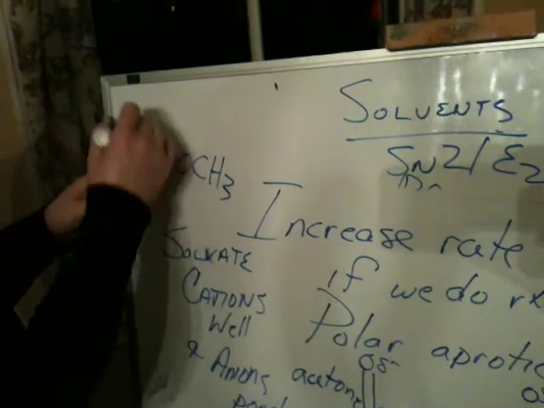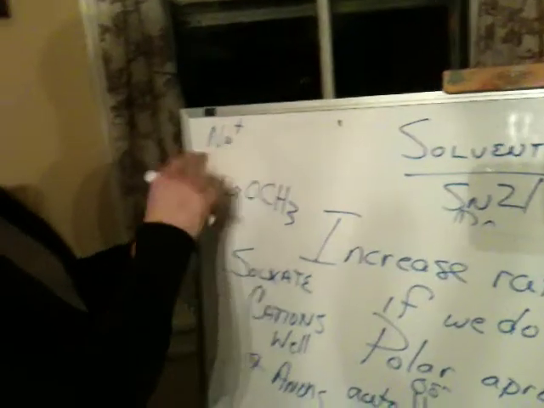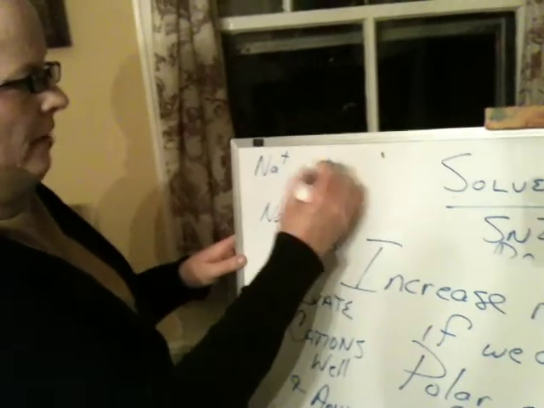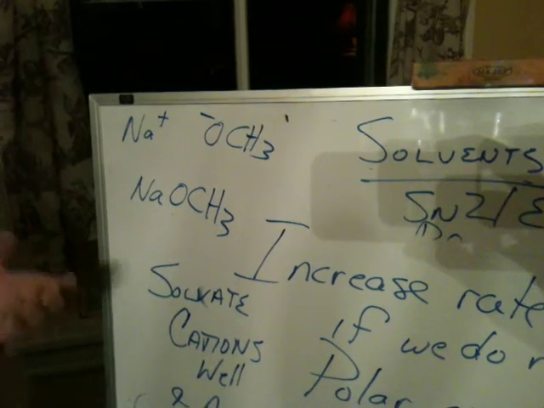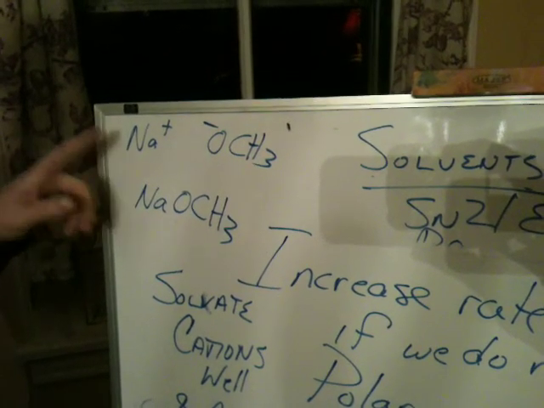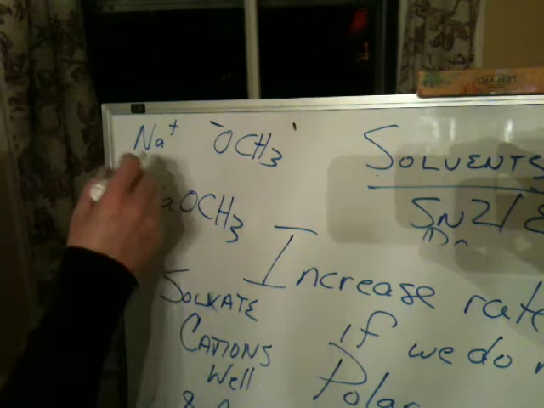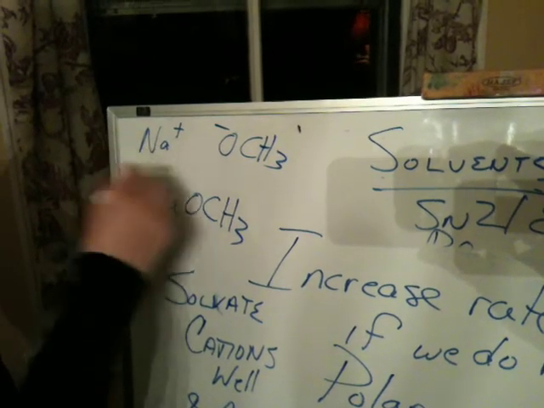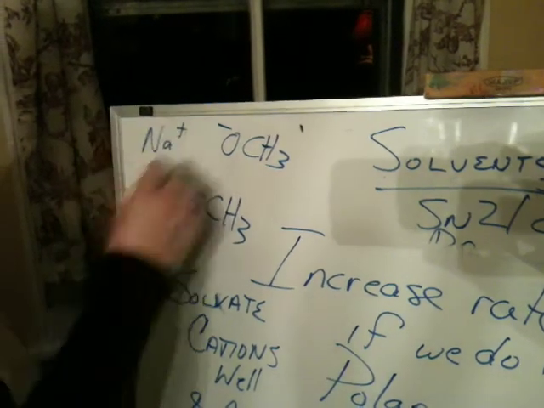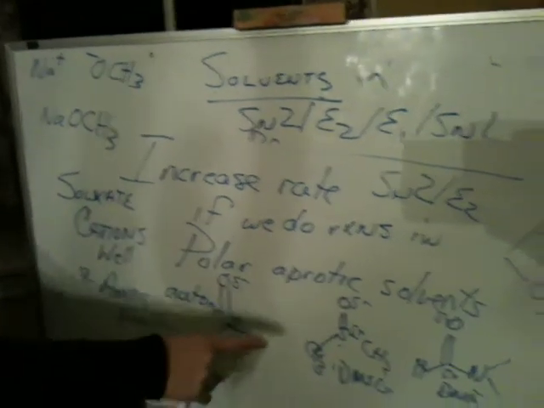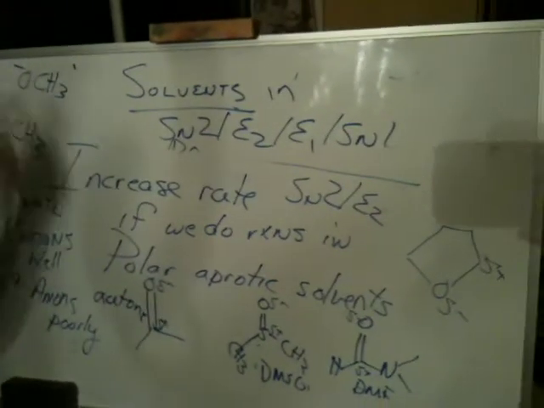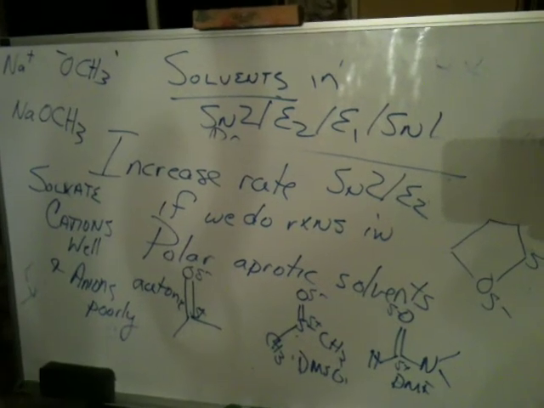If we want to get it into solution, we've got to get the sodium ion in solution, and we have to get the methoxide anion into solution. This would really be a solid, and you'd have to get it into solution. This sodium would be solvated extremely well by these solvents because the delta minus is very accessible. But these anions would not be solvated very well by these solvents. And because of that, the anions are more like free anions, and they would react much more rapidly.